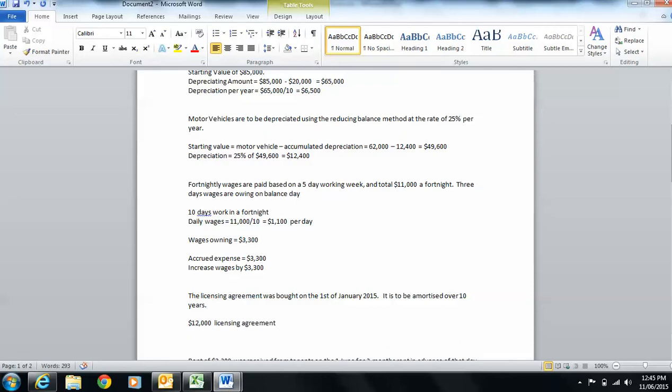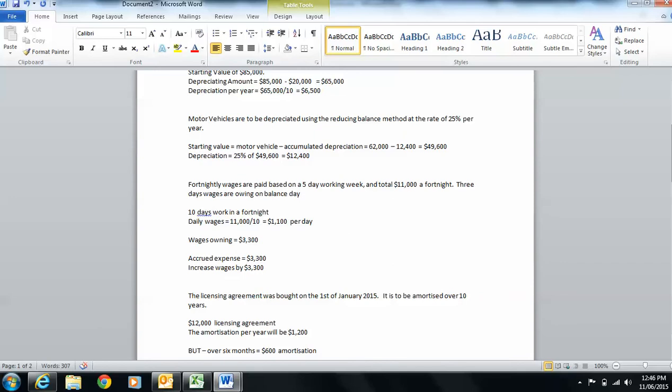So therefore, the amortisation will be $1,200. In this case, over 6 months, because we bought it on the 1st of January, so we've only owned it for 6 months, so it's going to be $600 of amortisation.